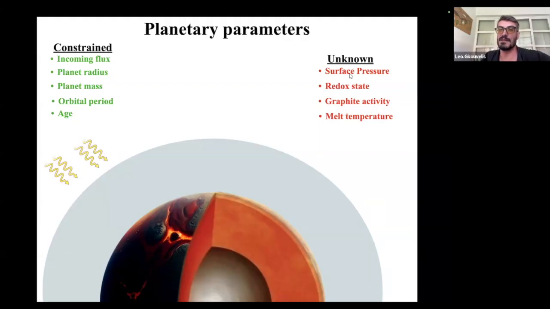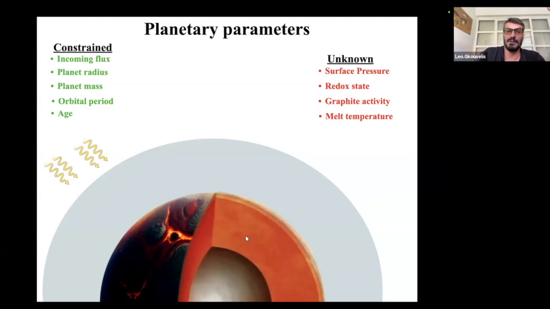When I'm saying the surface pressure, it's an indicator of the total mass of the atmosphere. So it's the pressure at the interface between the surface of the planet and the atmosphere. This is important because you have to imagine that at very high pressures, gas material dilutes within the planet. The redox state is basically the redox state of the interior of the planet, which tells you what kind of constituents you have.